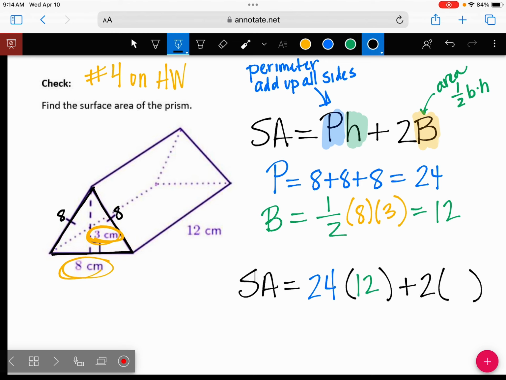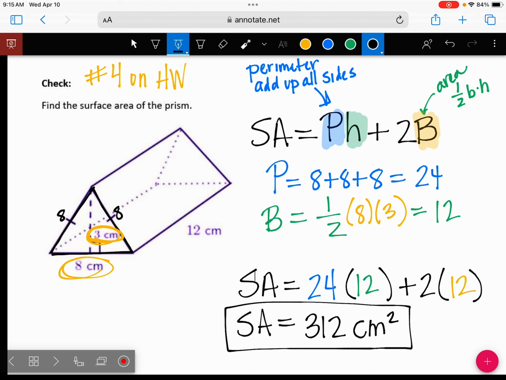And that's plus 2 times the area of your base, which we figured out is also 12. It just happens to be 12, both of them. So type that in your calculator just like that. And I got 312, and it's always the unit squared.